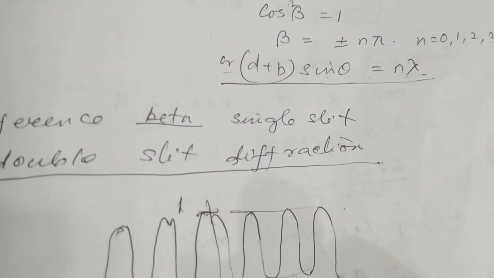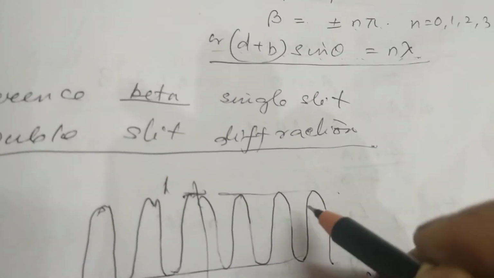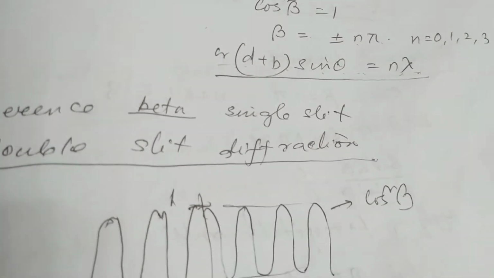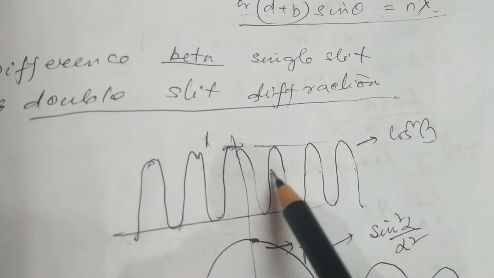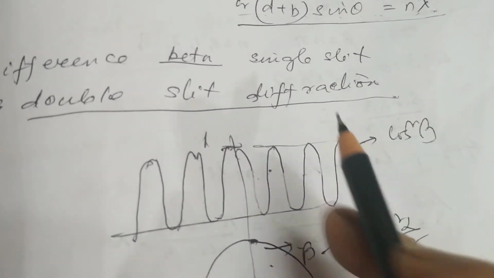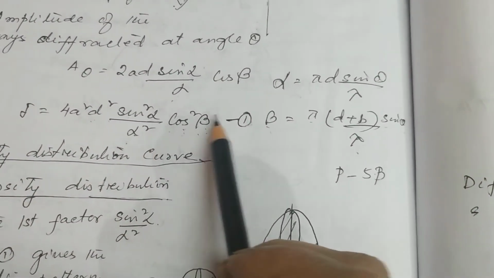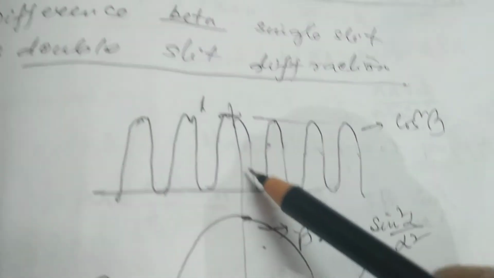This is the graph of sin square alpha by alpha square, and this is the graph for cos square beta. Now if you multiply these two, then this intensity value will get modulated by this graph. If I multiply these two, the resultant is sin square alpha by alpha square into cos square beta. So the resultant intensity is the multiplication of these two.